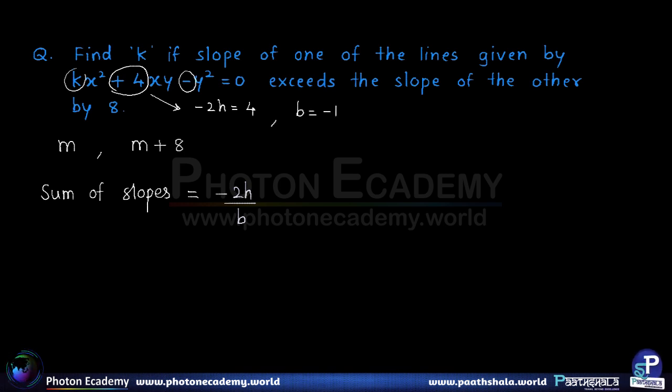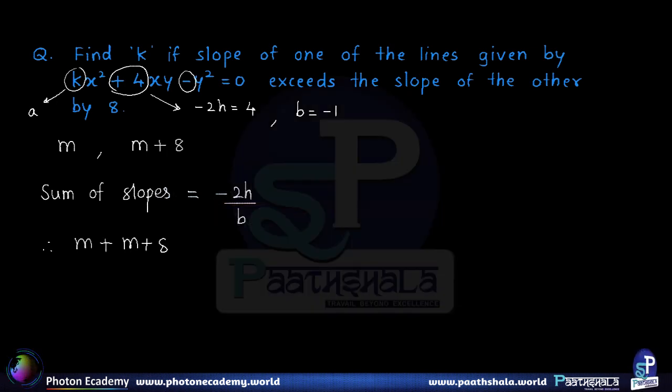And a indicates the coefficient of x square term, so here a itself is equal to k. So the sum of slopes is m plus m plus 8, which is equal to minus 2h upon b, that is minus 4 upon minus 1. So we get 2m plus 8 equal to 4.